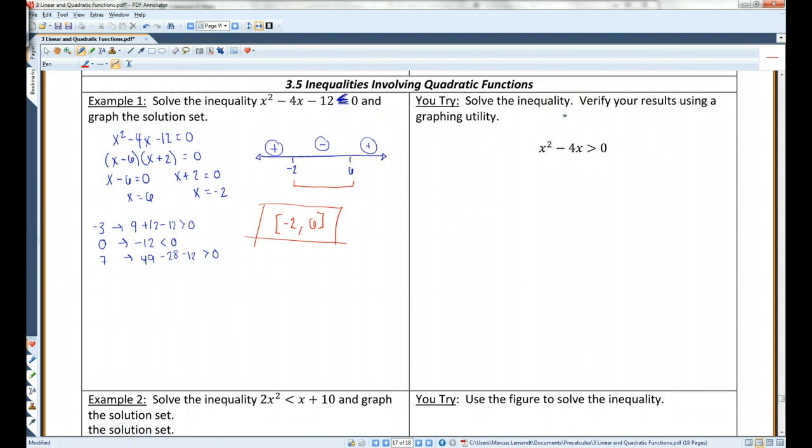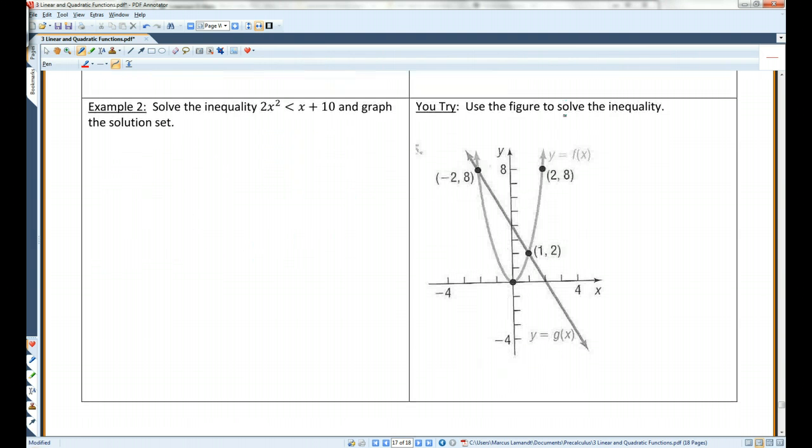I'll let you guys try this one. Alright, solve the inequality 2x squared is less than x plus 10 and graph the solution set. Let's use a different color. First thing I'm going to do is set it equal to 0. So I've got 2x squared minus x minus 10 is less than 0.